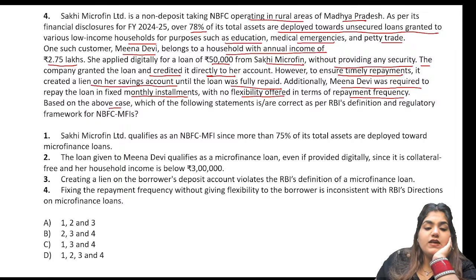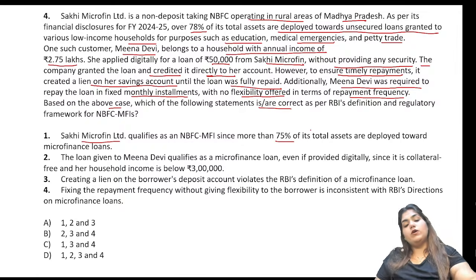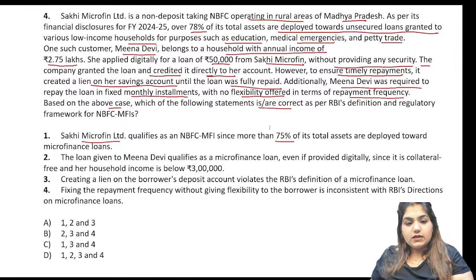Based on the above case, which of the following are correct? Sakhi Microfinance Limited qualifies as an NBFC-MFI, as more than 75% of total assets are deployed in microfinance loans. Yes, it does, because 78% is deployed. Statement number 1 is correct. The loan given to Meena Devi qualifies as microfinance because the income is below 3 lakh rupees. Yes. And it will be collateral free.